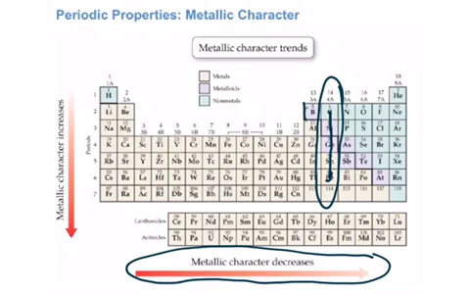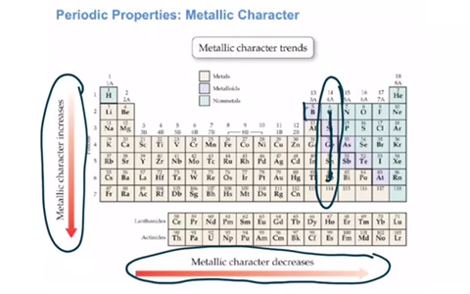So what that's showing you is that as you're going down a group, you're actually becoming more metallic. And you could see that here where it says that going down a group, metallic properties increase. I think it's easier if you learn it as metallic. You become less metallic as you go up.